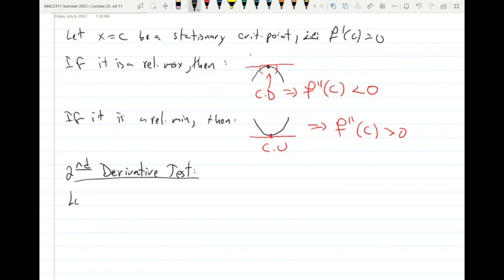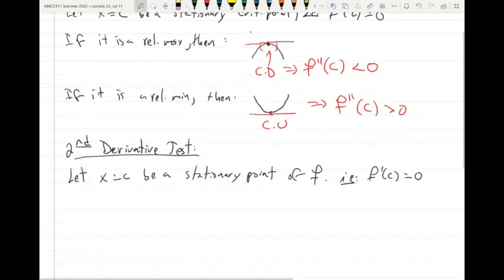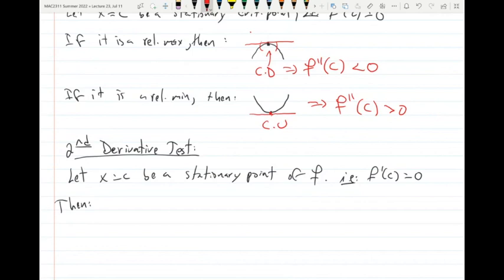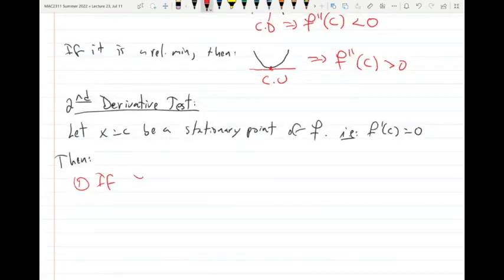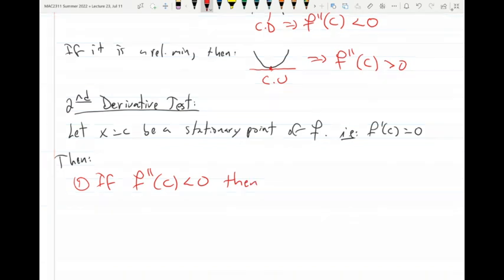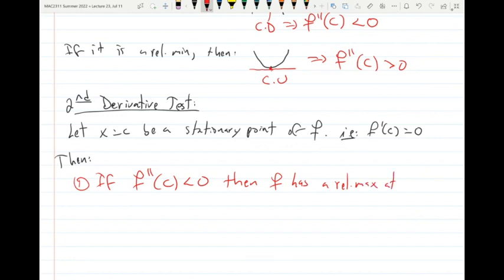Second derivative test. So let x equal c be a stationary point of f, so i.e. f prime of c is equal to 0, then if f double prime of c is a negative number, then f has a relative maximum at c.